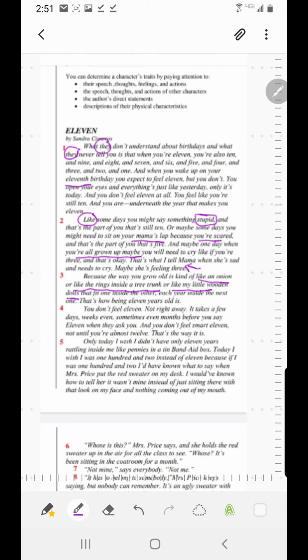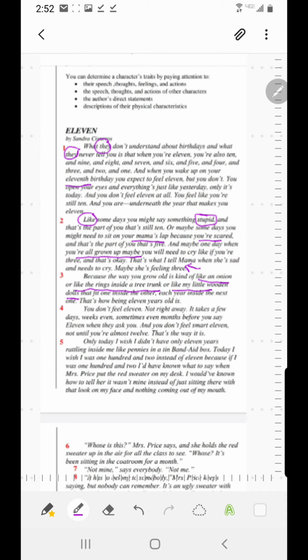She says, "You don't feel 11, not right away. It takes a few days, weeks, even sometimes even months before you say 11 when they ask you. And you don't feel smart 11. Smart 11, not until you're almost 12." That's just the way it is, right?